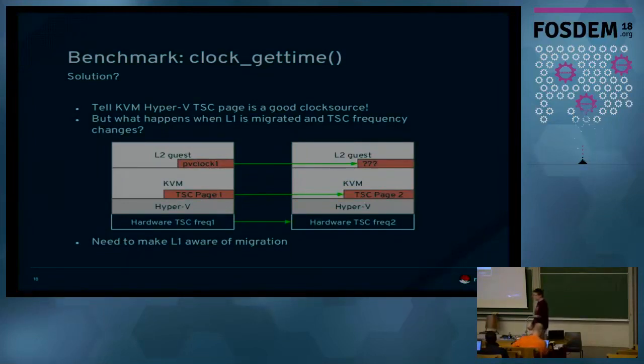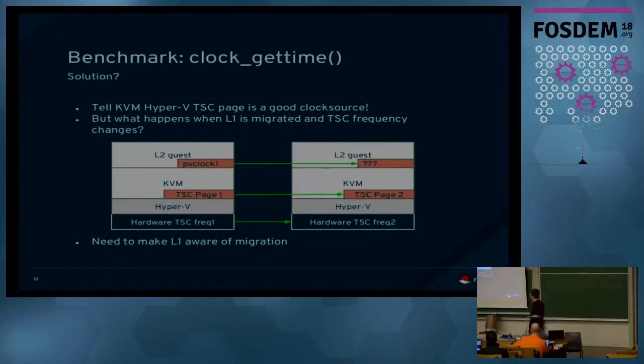Imagine you want to migrate your level 1 with all its level 2 guests inside. And you migrate. So what happens when you do that? You may want to migrate to a different CPU which has different TSC frequencies. Okay, you can do that. And what will happen?